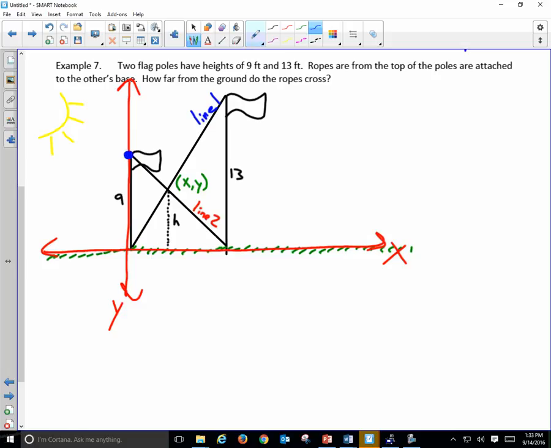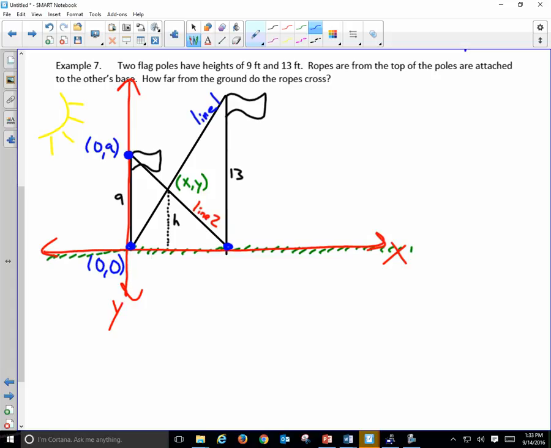So I'll start out. I just need to start identifying points. Anybody tell me the location of that point, its coordinate? Very good, 0, 9. How about this point here? Actually, there's a certain x value here, right?